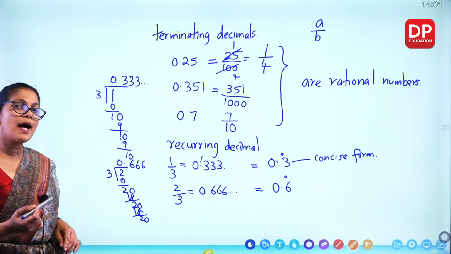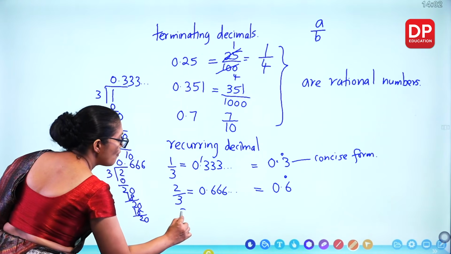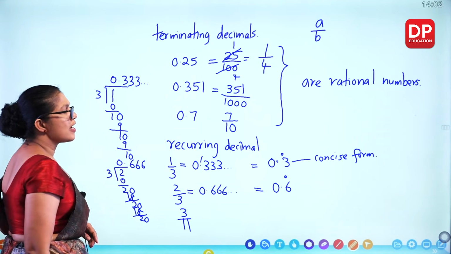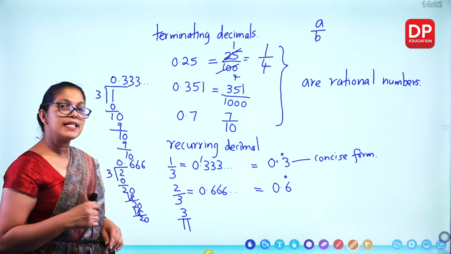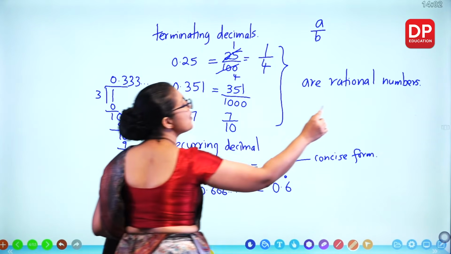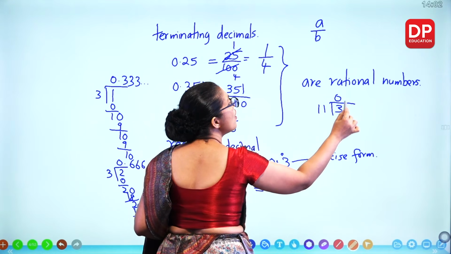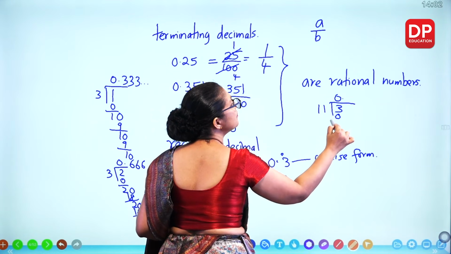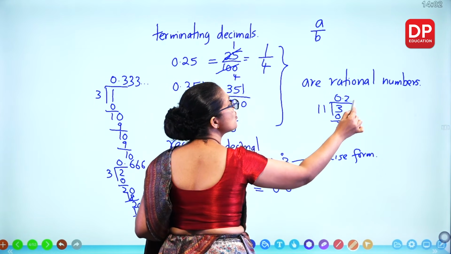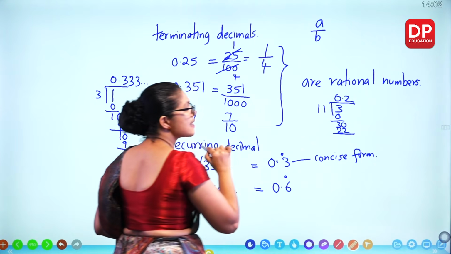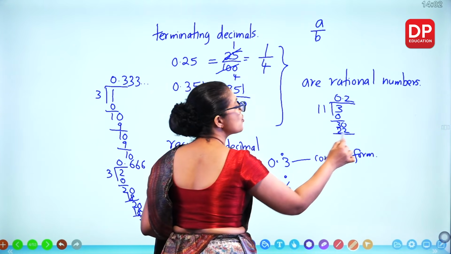We'll take another example. So 3 over 11. Check whether this is a repeating decimal. So we'll take 3 divided by 11. So 11 times 0. For 30, 11 times 2, 22. 30 minus 22 is 8.